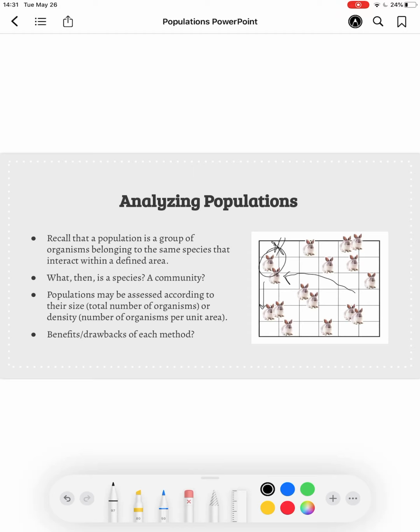So it's a better idea to say there's this many in this little section or this square, and then multiply it by the total area. That's just a way of calculating. So when you hear them saying there's only this many individuals of this type of species left, likely they don't have an exact number, but they're figuring that out from different sampling strategies.